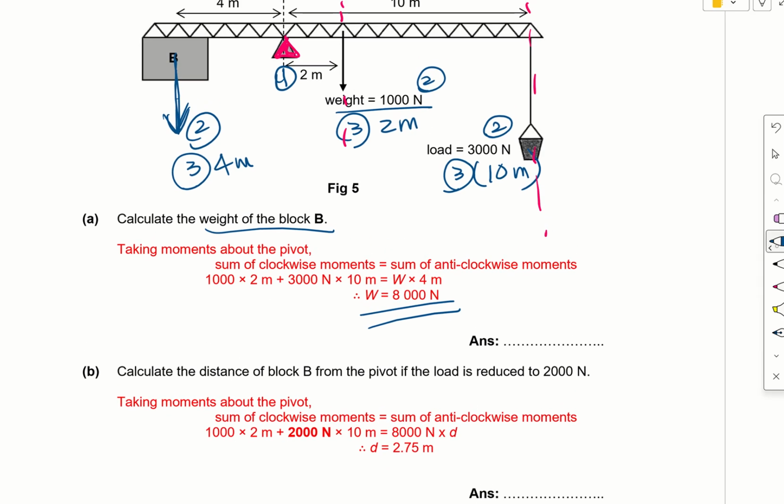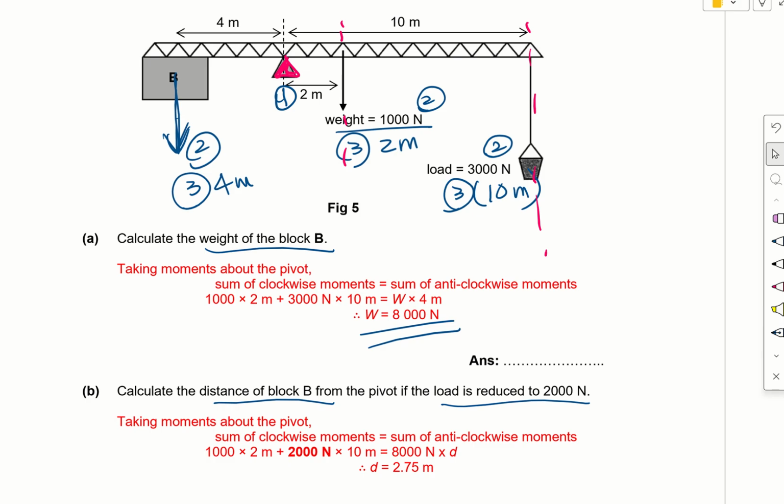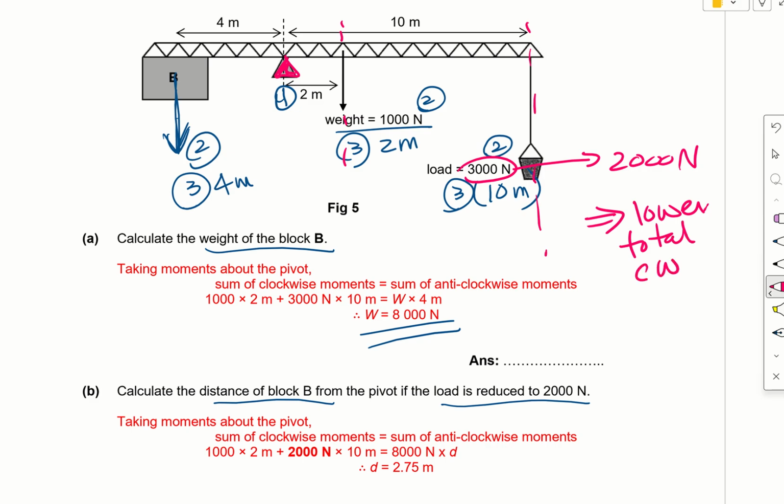So now they say they change it. Calculate the distance of block B from the pivot if the load is reduced to 2000. So if over here the load changes from 3000 to 2000, then I will have a lower total clockwise moment, right?